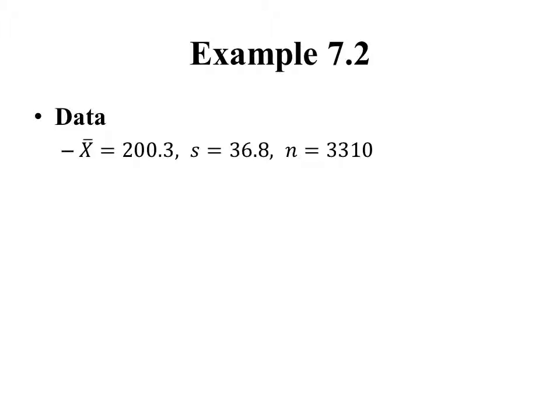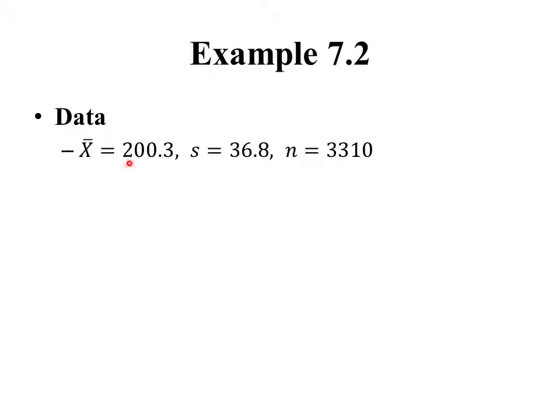Okay. So here's the data as given in the book. So here we went out and we measured the total cholesterol of 3,310 people. We got a mean level of 200.3 with a standard deviation of 36.8.